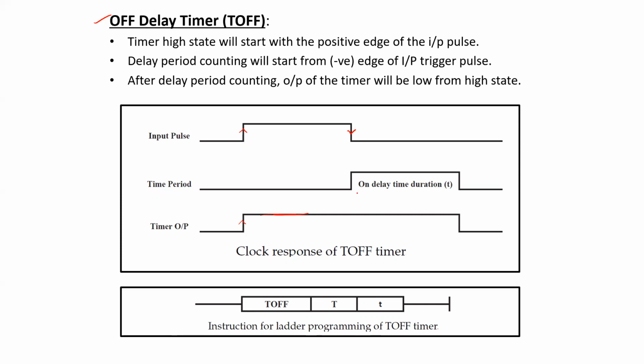So the count delay will be counted for the duration set by the user, and for this period of time the timer output will also remain high. Whenever the delay count is over, the timer output will go to low again. So this is how off delay timers operate.